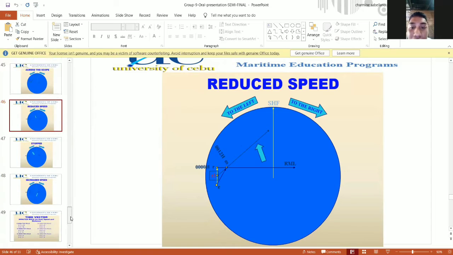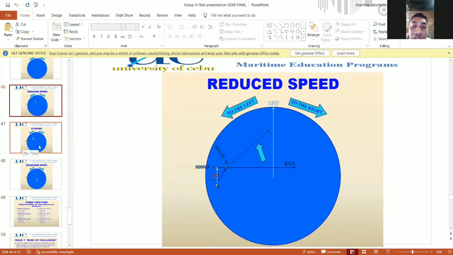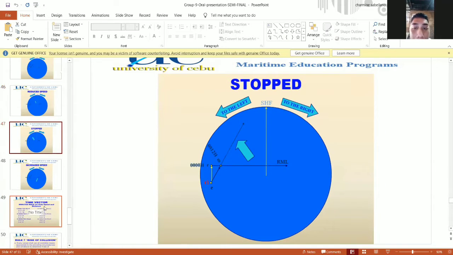So reduce the speed. As you can see, it is reducing the speed on its left side where it goes. So next slide, please. Stop. So it is the same, but it has 00 knots. Next slide, please.